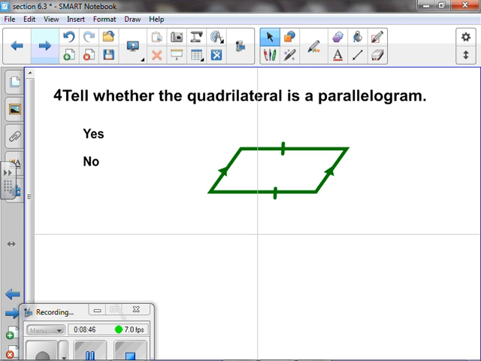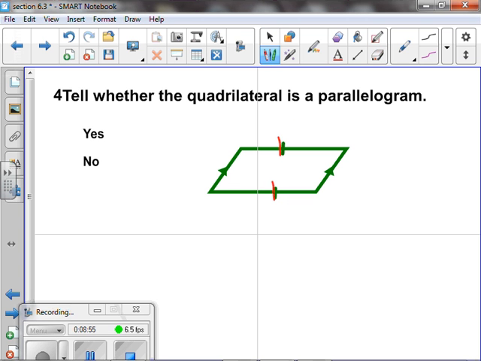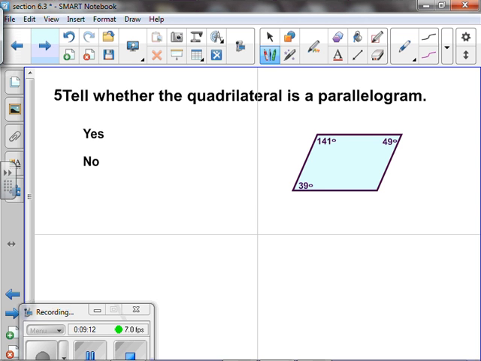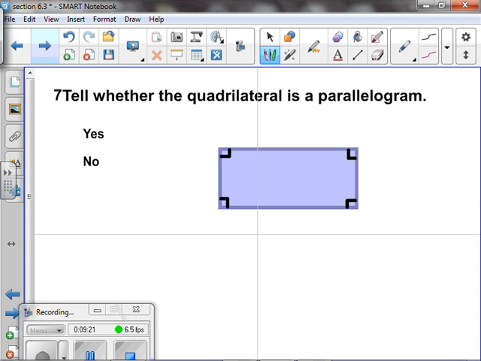Or maybe can I find a counterexample, something that would have opposite sides that are parallel and a different set of opposite sides that are congruent, and whether I can then prove that it is a parallelogram, or find a counterexample where that's still true, but I clearly don't have a parallelogram. Okay, and I'll leave the rest of that for you. And I will leave this one for you as well, as with that one.